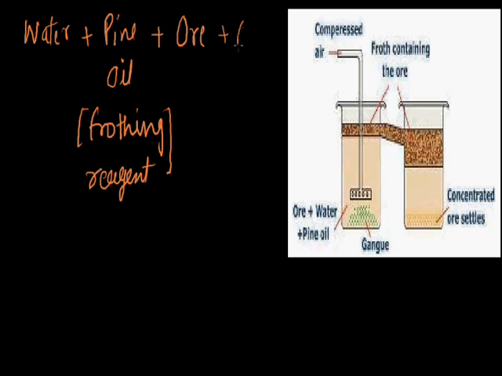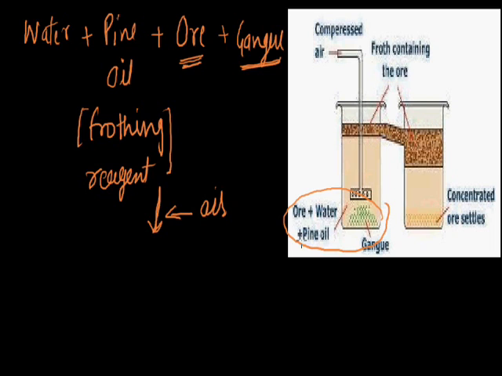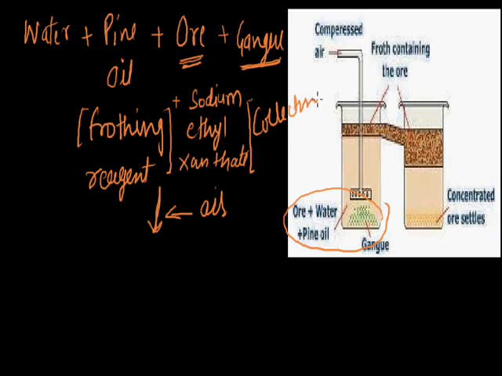The ore particles also contain gangue or impurities, and we need to separate the ore particles from the gangue. After mixing these, we blow compressed air. Here we use the mixture of ore, water, pine oil and gangue particles, and we also add sodium ethyl xanthate, which is known as the collecting agent.